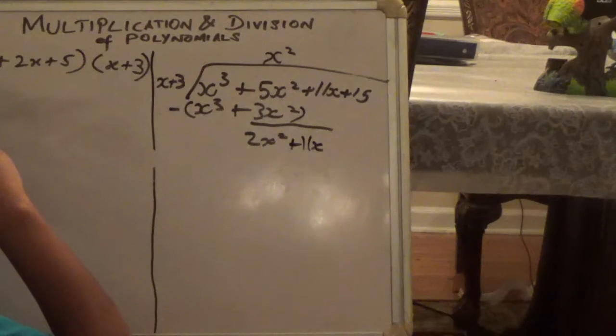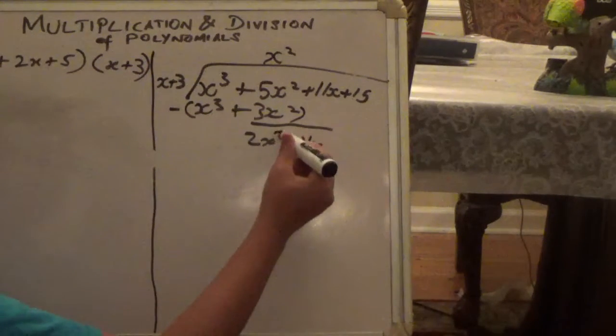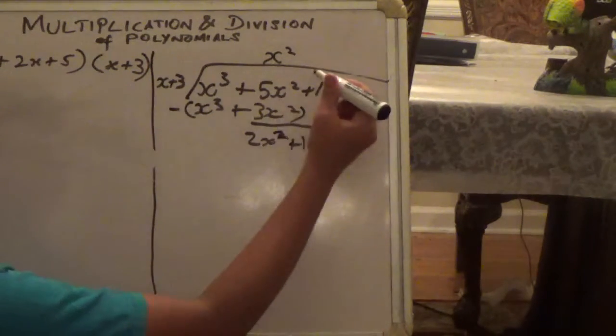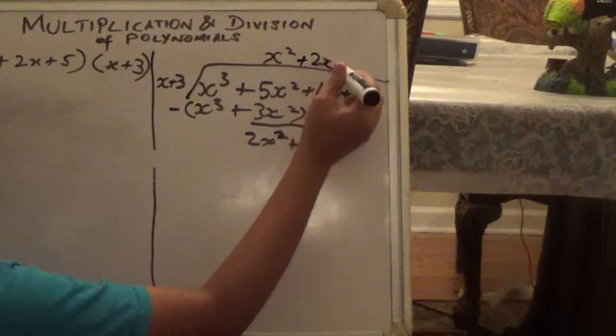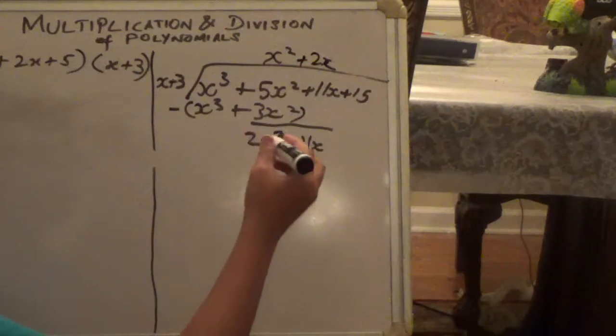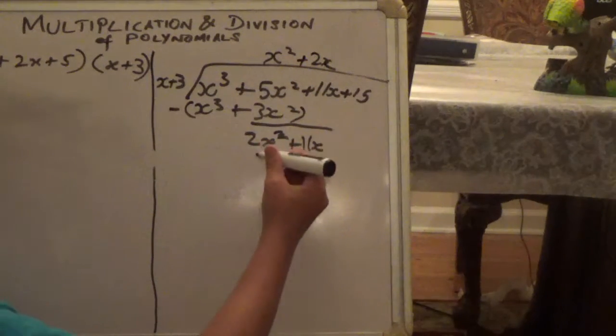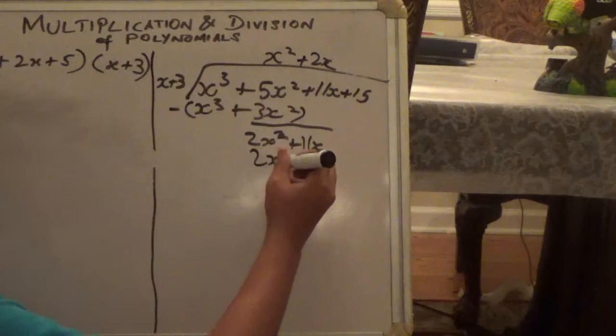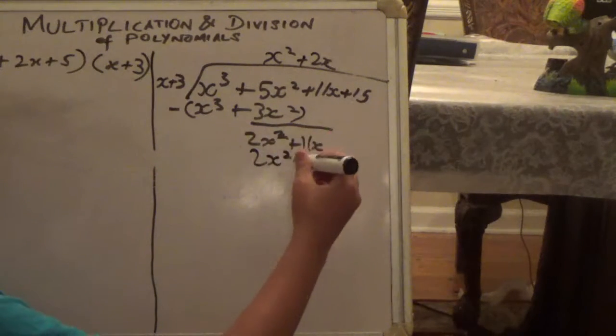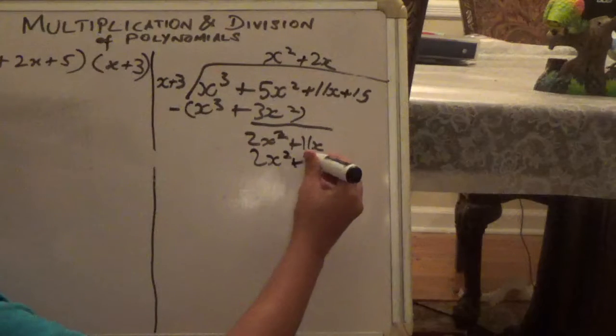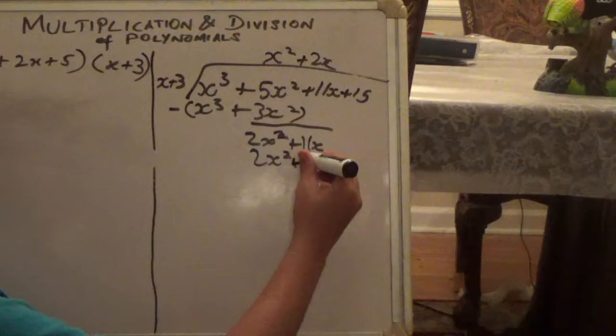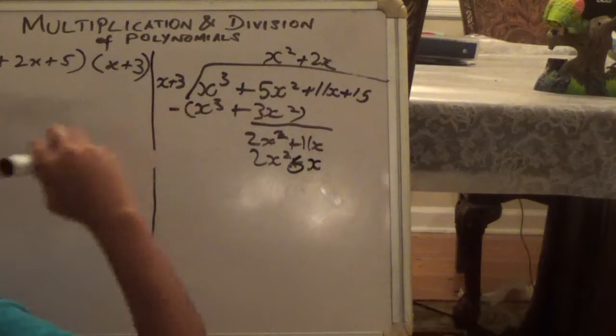Okay, so x plus 3. What do you multiply by x to get 2x squared? You multiply by 2x, right? Okay, so when you multiply x plus 3 by 2x, you get 2x squared plus 6x, right?